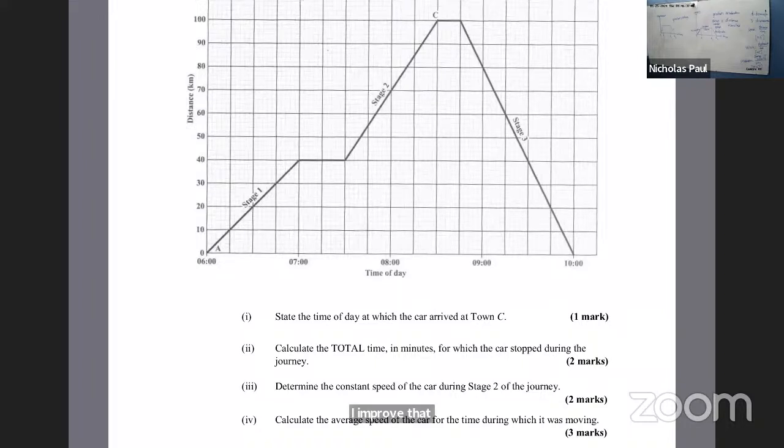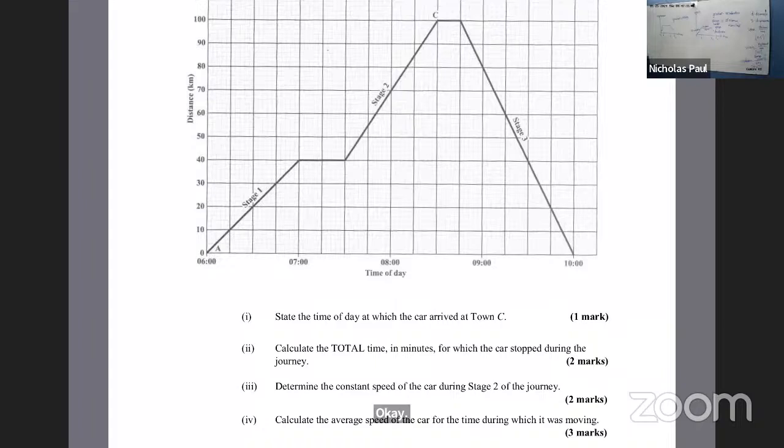Displacement time graph. Look at the graph.